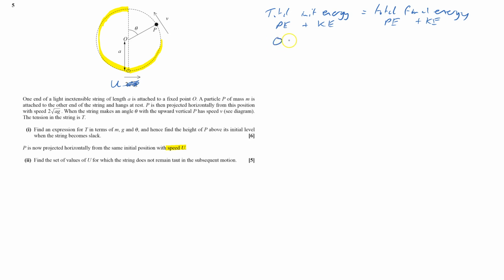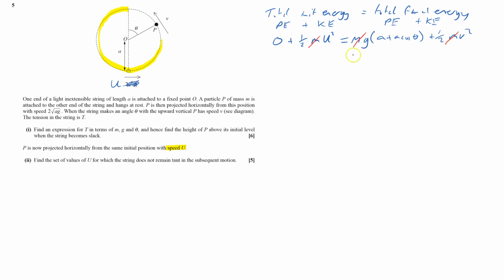Starts off with nothing plus half mu squared, and that's going to equal our final energy, which is going to be mgh, which will be mg times a plus a cos theta, plus half mv squared. And I'm going to divide through by m, so the m's disappear.